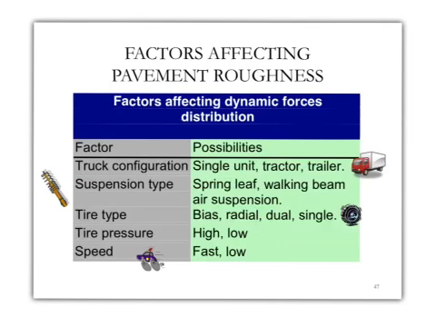We may have spring leaf, walking beam, all the way to air suspension. Even the tire type: we have bias, radial, dual, and single. Even tire pressure can be low or high, and once you change the tire pressure, it will significantly affect the roughness experience. Also the speed, if it's low versus high, is also going to affect the roughness.